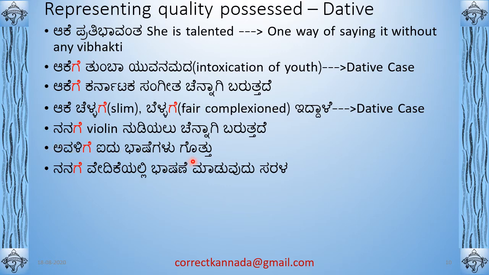That's how you put it in Kannada. ನನಗೆ ವೇದಿಕೆಯಲ್ಲಿ ಭಾಷಣೆ ಮಾಡುವುದು ಸರಳ. ಸರಳ means easy. ನನಗೆ for me, ವೇದಿಕೆಯಲ್ಲಿ on the stage, ಭಾಷಣೆ speech, ಮಾಡುವುದು to do. Giving a speech on the stage is easy for me. So all these are dative cases. You have to use the dative case to represent a quality possessed by a person.